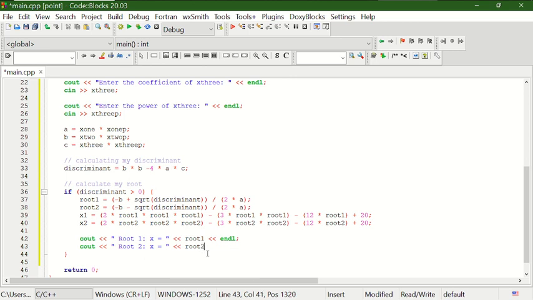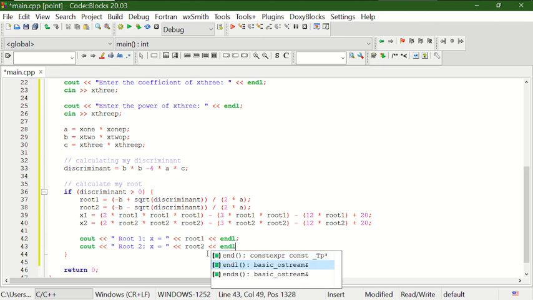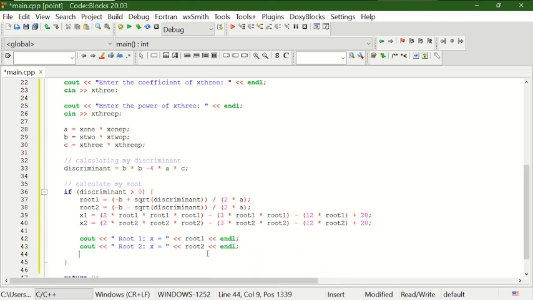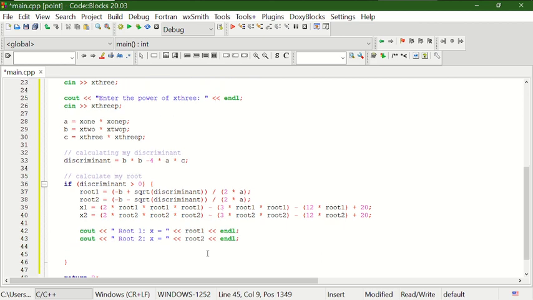Once you print that for root 2, then we can end this line. So we also want to print out the answers. When we substitute root 1 for x, this is the answer. Also when we substitute root 2 for x, this is the answer I get.